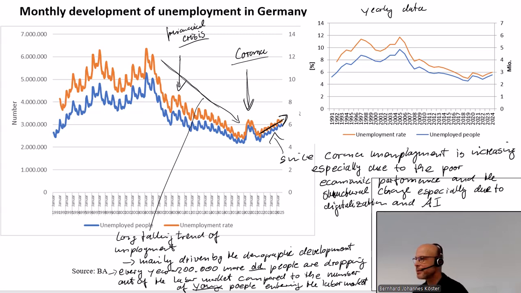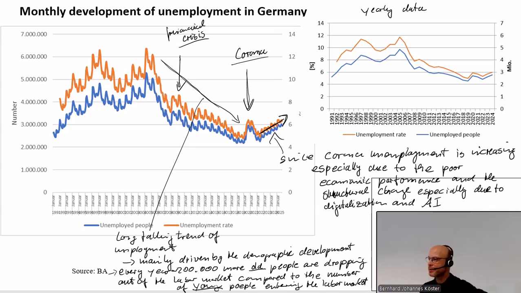And this is then also just the reasons of how we are measuring unemployment, because we have this tool especially developed in the financial crisis, which is called, and maybe you have heard already about this, short-term work.